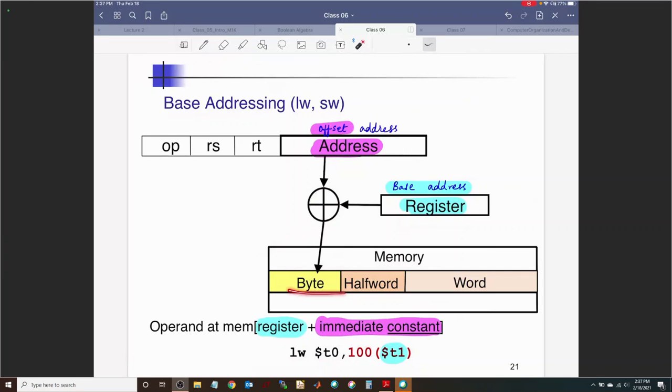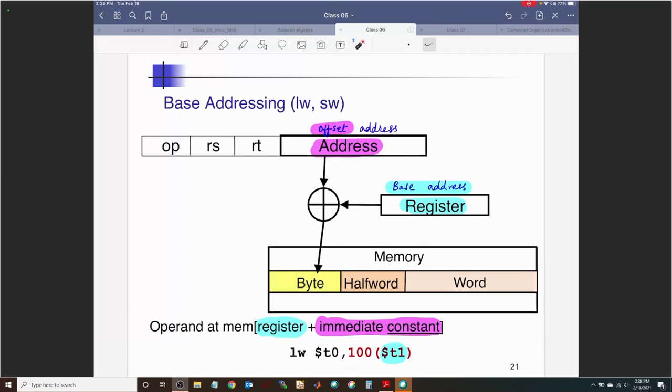So this particular diagram is essentially showing that you are using all of this to address a particular byte, because MIPS load word and store word instructions are byte addressable. So we are trying to address a byte which belongs to a particular half word, which belongs to a complete word.